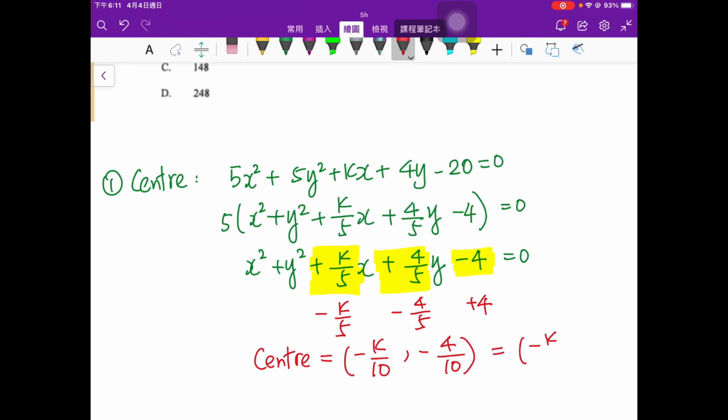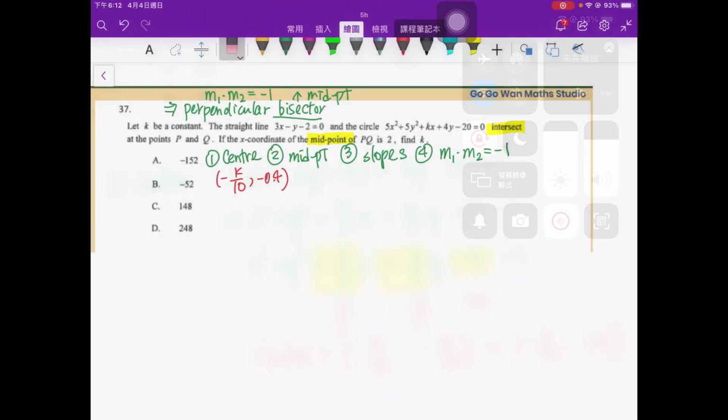That says the center is minus k over 10 and minus 0.4.